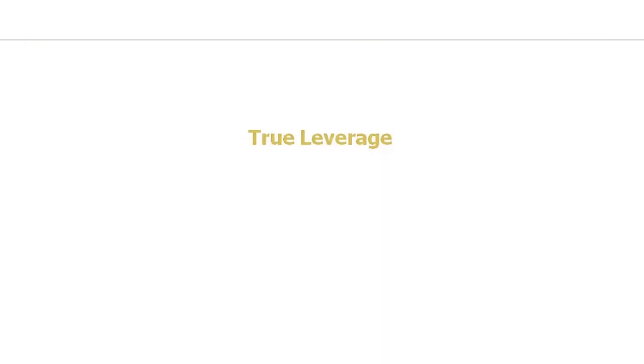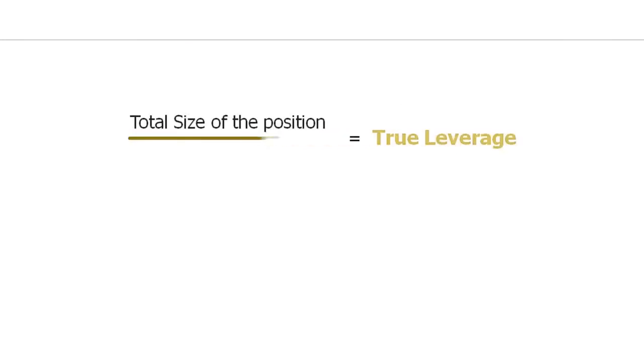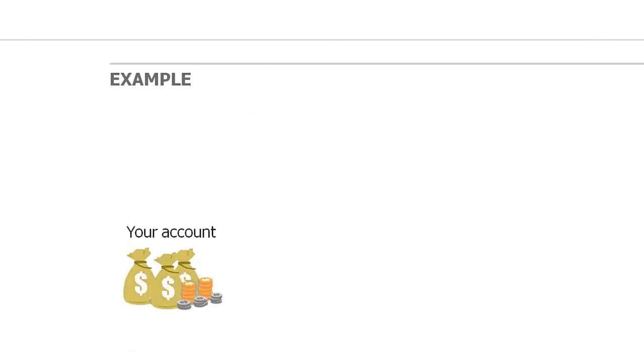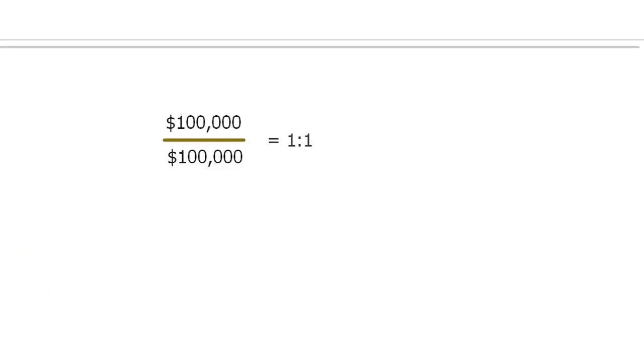True leverage is the amount of leverage applied to any given trade and is calculated by dividing the size of the position by the trading account balance. So let's take the example of buying a standard lot. If you have $100,000 in your account and you bought one standard lot, which is 100,000 units of that currency, then the leverage would be $100,000 divided by $100,000, which is 1 to 1.